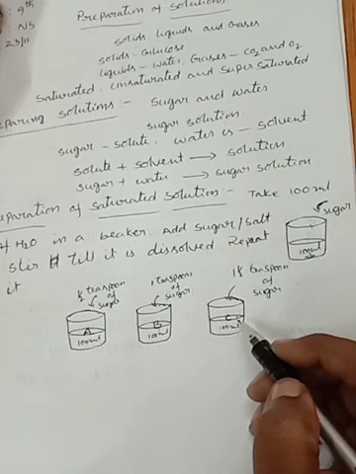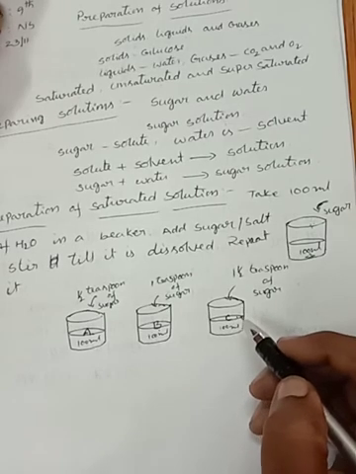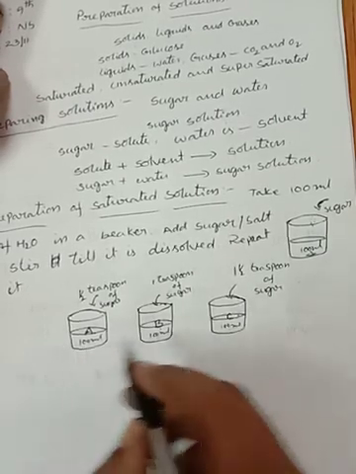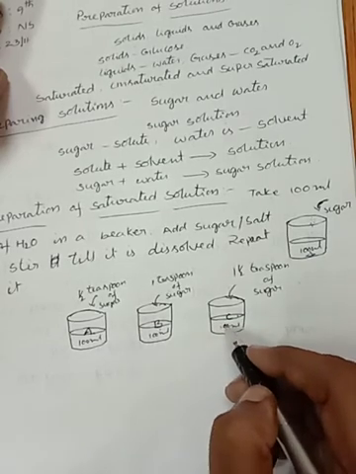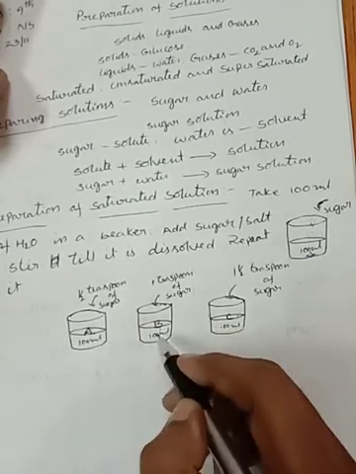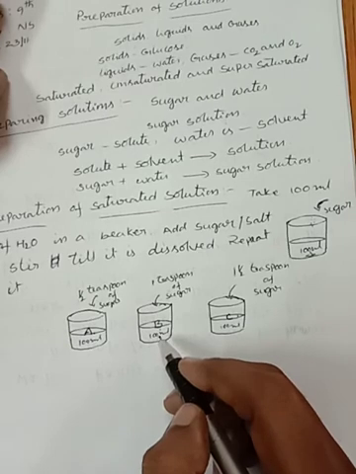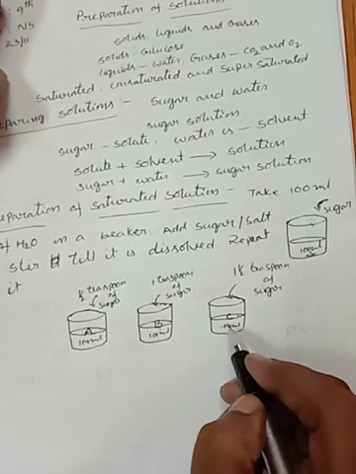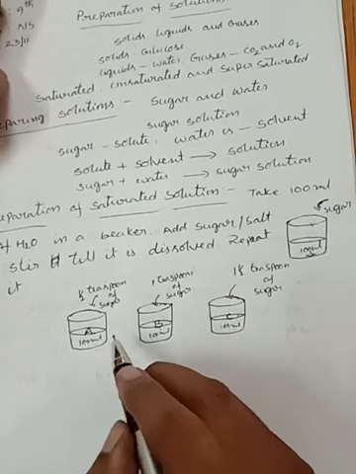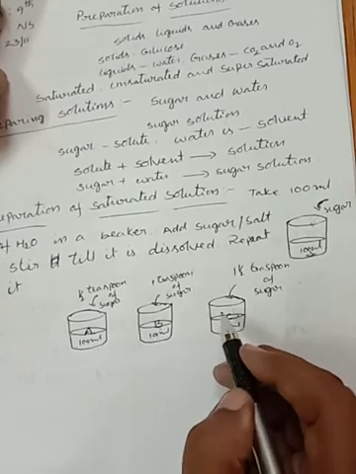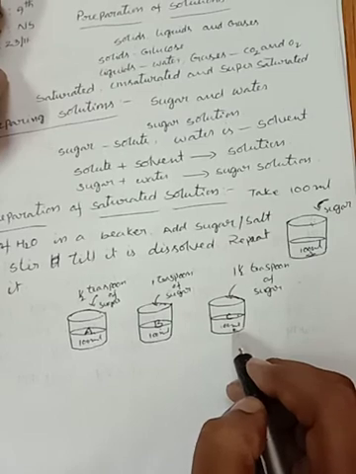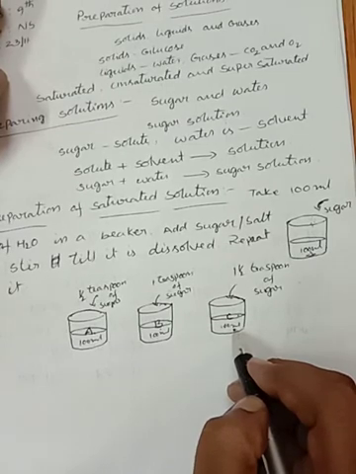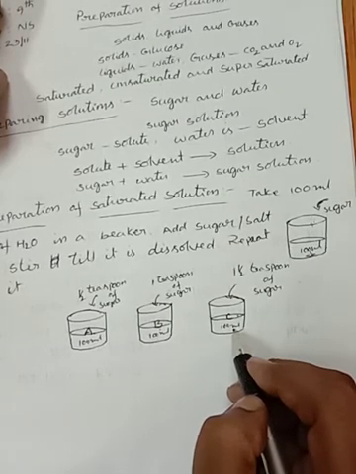Okay children, so solutions with different amounts of solute dissolved in them are solutions of different concentrations. So the solution with the most sugar present in 100 ml of water is the concentrated solution of sugar.